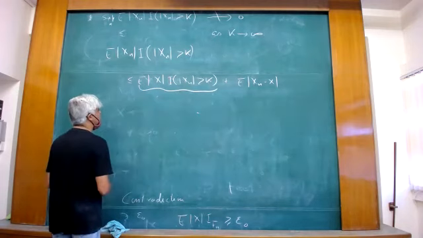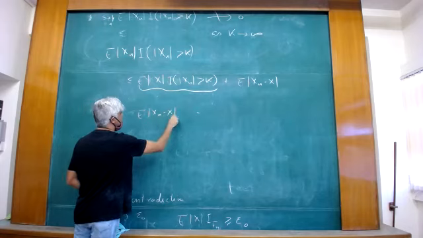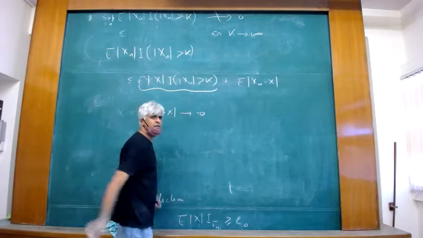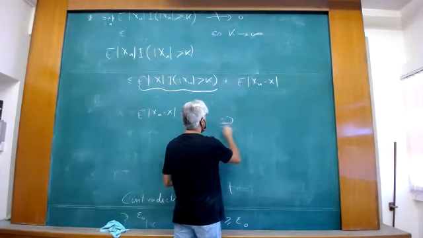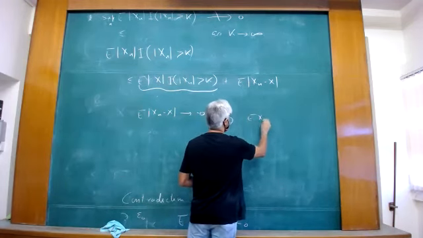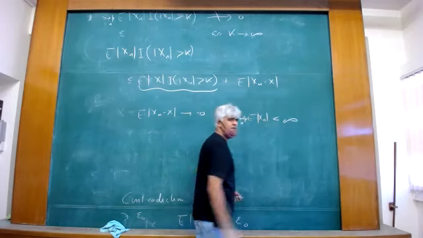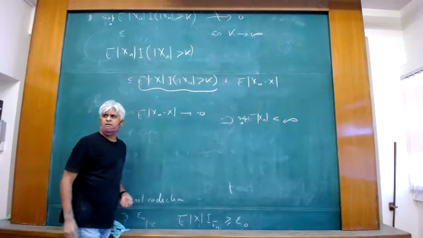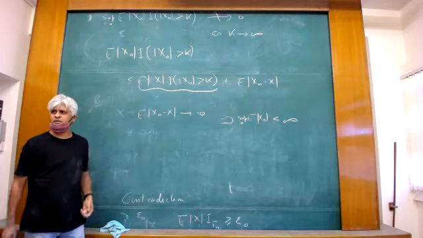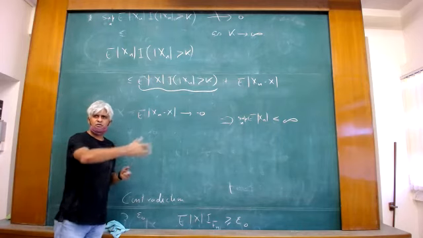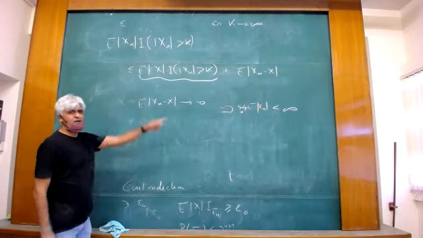When I have that Xn minus X goes to 0 in probability, that implies that E of absolute value of Xn is bounded, because E of absolute value of Xn is near E of absolute value of X, which I can control. The first few terms don't matter, they are always going to be finite. So I have this property.